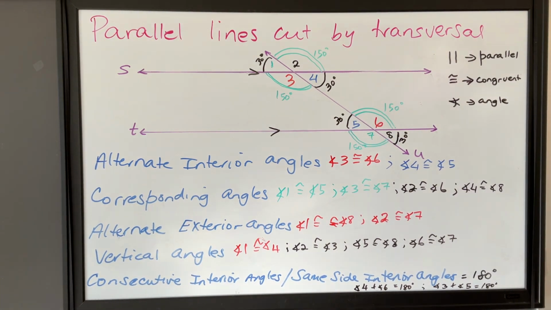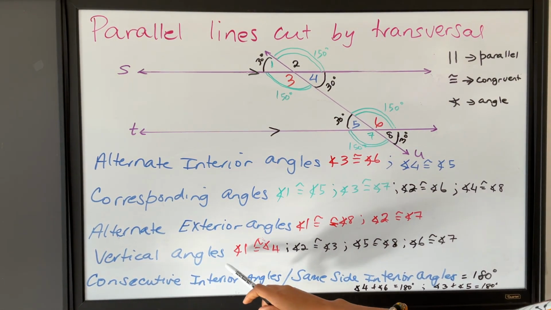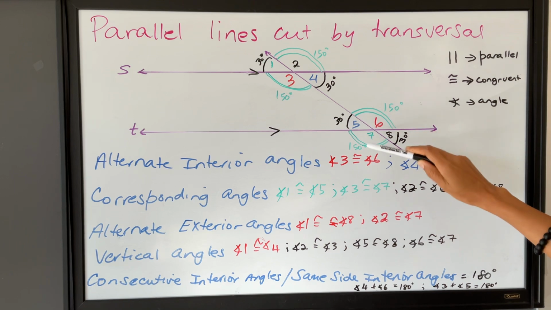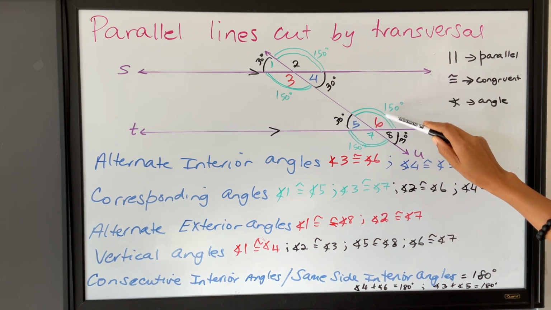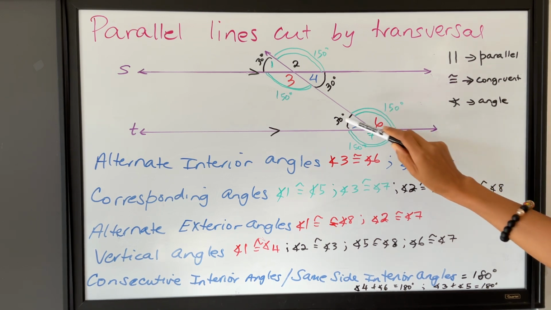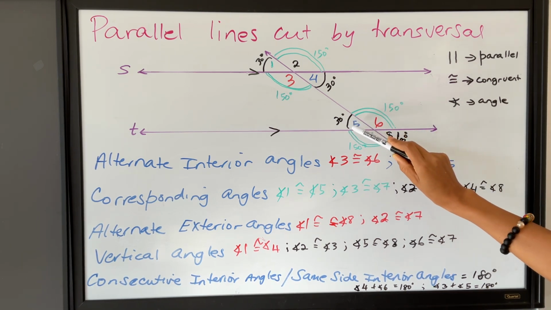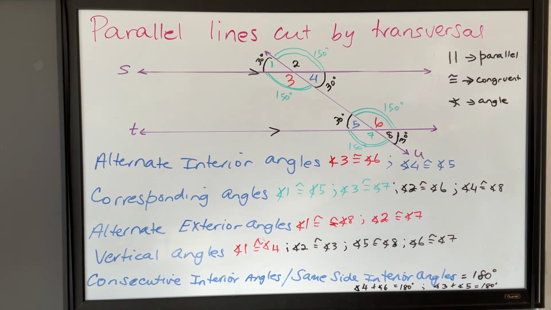Now, we also notice that because I told you about the vertical angles, opposite angles right here, angle 7 is congruent to angle 6, both 150 degrees. Same thing with the measure of angle 5 and the measure of angle 8. They're congruent, they're both equal to 30 degrees.